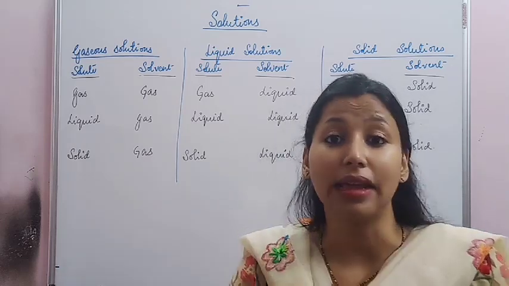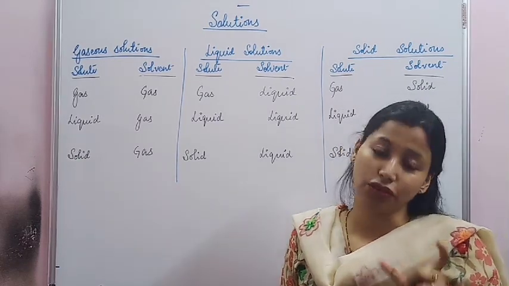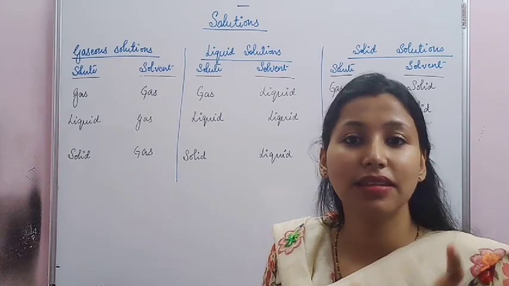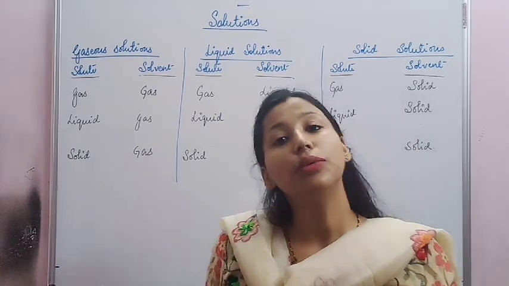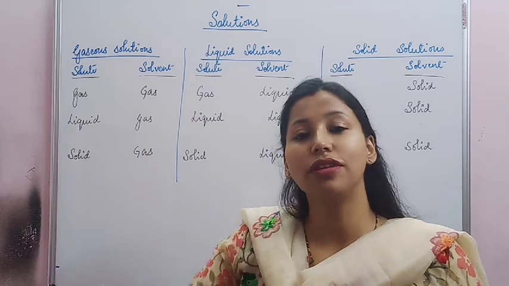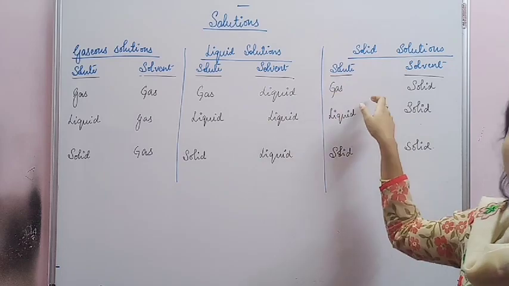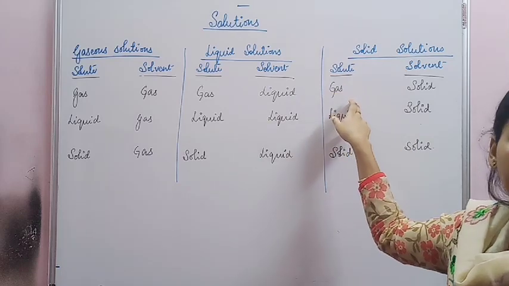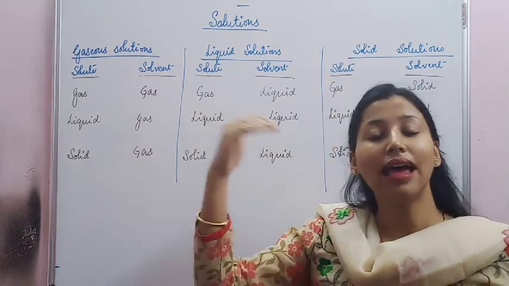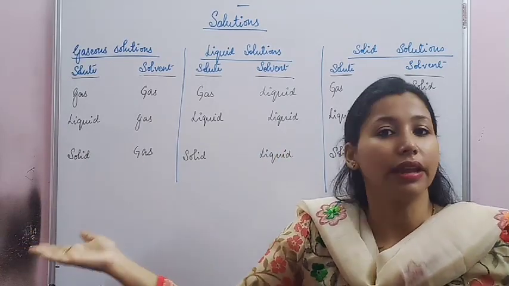You can also choose platinum or nickel. We call this the phenomenon of adsorption. This phenomenon of adsorption you will learn in detail in Unit 5, where there is an entire chapter about adsorption. So just remember the example that hydrogen is dissolved in metals like platinum, palladium or nickel.